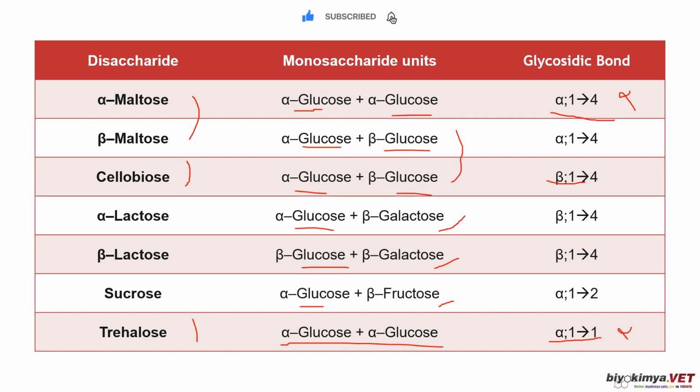The same building blocks, alpha glucose and beta glucose, yield different disaccharides due to different patterns of glycosidic bond, alpha 1,4 and beta 1,4. So the type of bonding is of great importance. And now let's discuss them one by one.